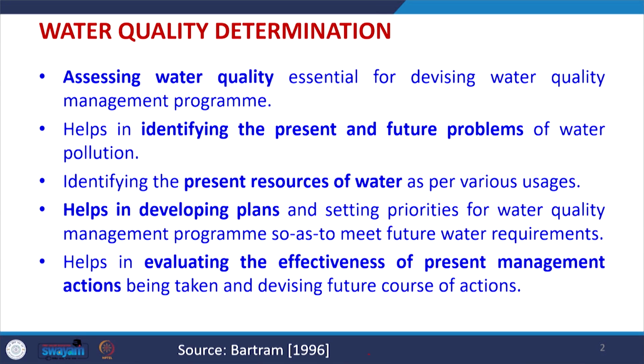It also helps in developing plans and setting priorities of water quality management, so as to meet the future water requirements. If any city is there, its water requirement may be increasing because of the increase in population. So, we need to develop a plan for getting water for the increased population and for the city itself.